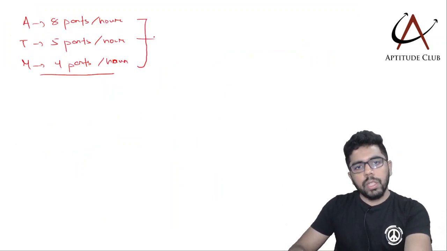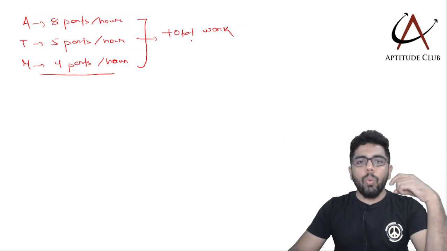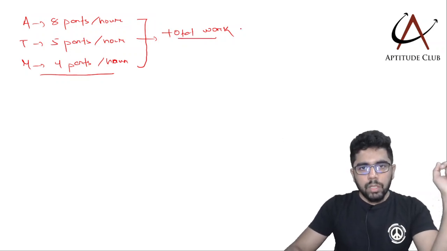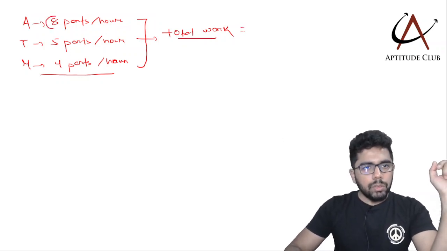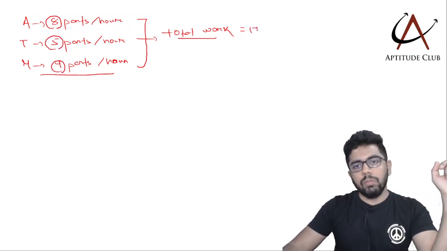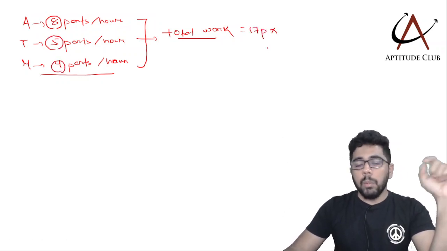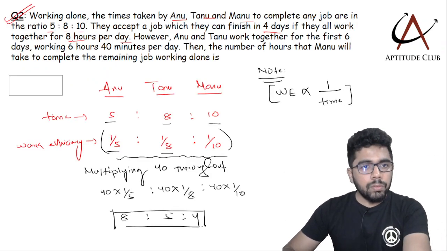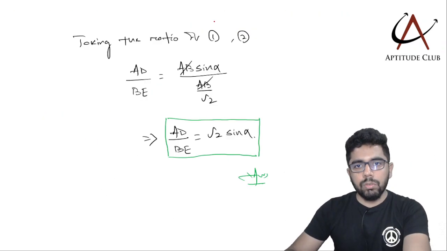So if they work together, what will be my total work? This is the most important aspect in any time and work question. What is the total work? Now if all three are working together, 8 plus 5, 13 plus 4, 17 parts they would be doing in 1 hour. Per day they will be working for 8 hours. So 17 into 8.